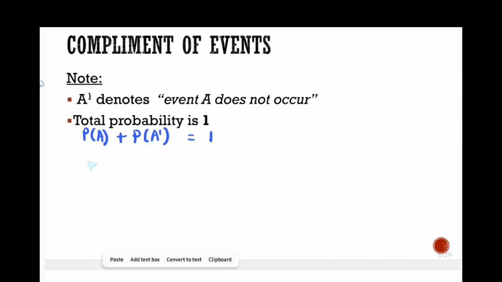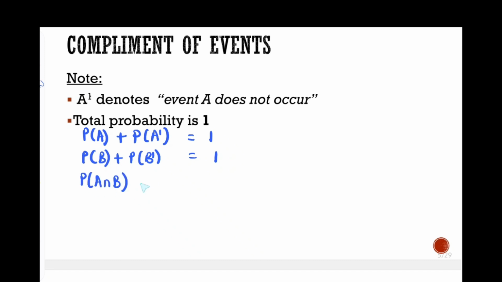Similarly, if I have an event B, the probability of event B occurring plus the probability of event B not occurring must give 1, since the total probability is 1. It can also apply to the intersection. The probability of A intersection B occurring plus the probability of A intersection B not occurring must give 1.